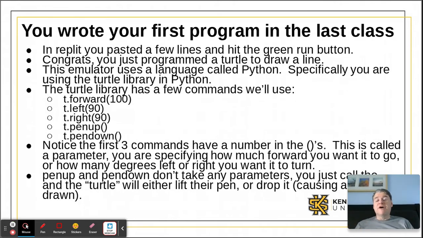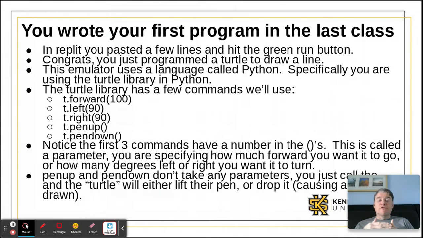So basically you have five commands. Notice that the first three of those commands take a number that goes inside the parentheses. The last two have no number in there. You might wonder why that is. Well, for pen up and pen down, there's nothing you have to tell it. You just tell it pen up or pen down. So we would say that pen up and pen down don't take any parameters. The first three, however, you can tell how much you want to do of each.